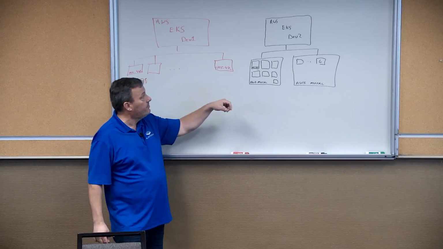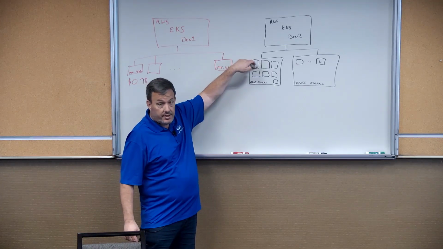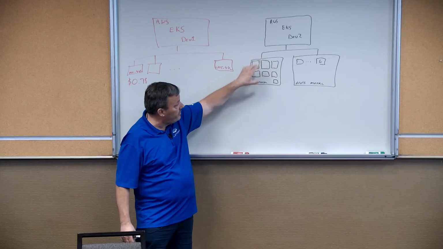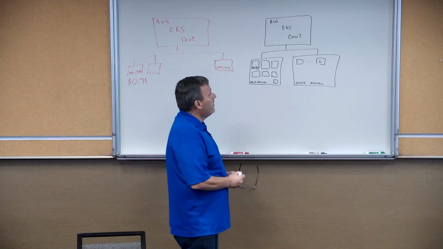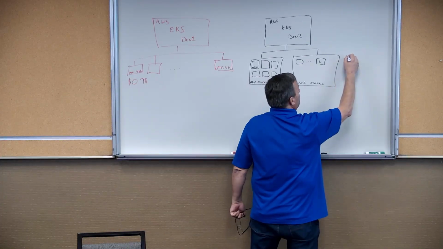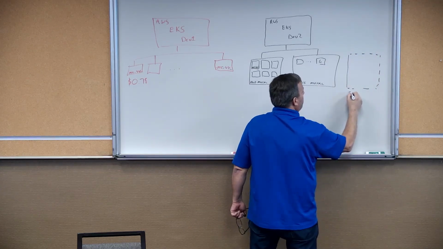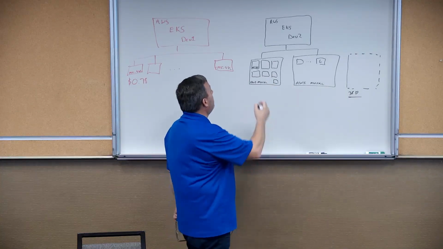It's actually got 13 nodes right now, and we're running M5 8XLs inside of here. So these are just EC2 instance types running as VMs on this bare metal. Okay, and what I'm going to do is, this is kind of a third node that we'll provision here in a minute.